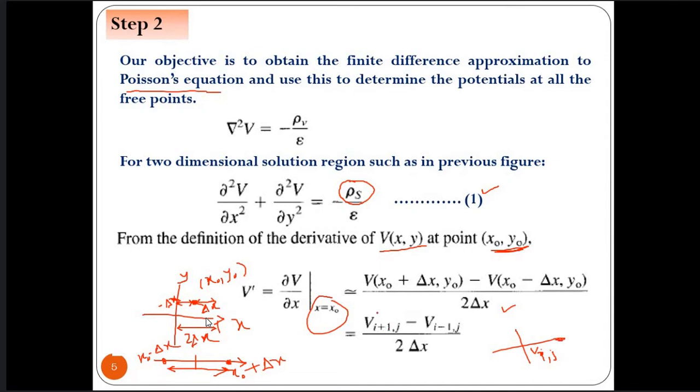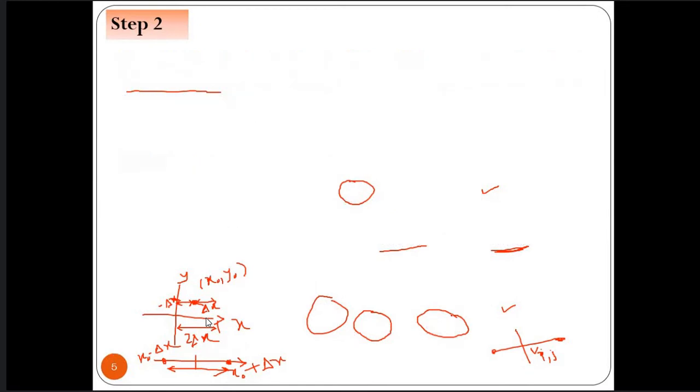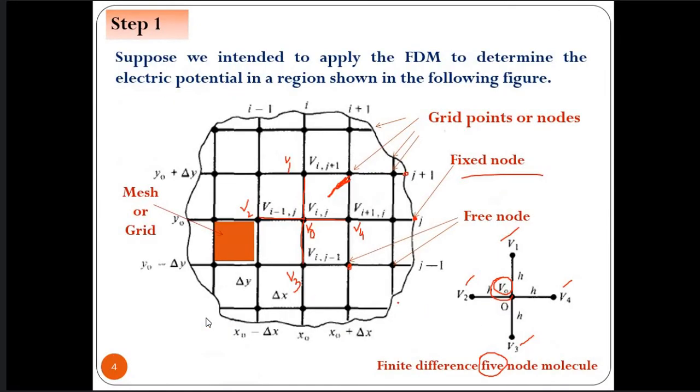V of i plus 1 comma j. What about the potential at this point? V of i minus 1 comma j.